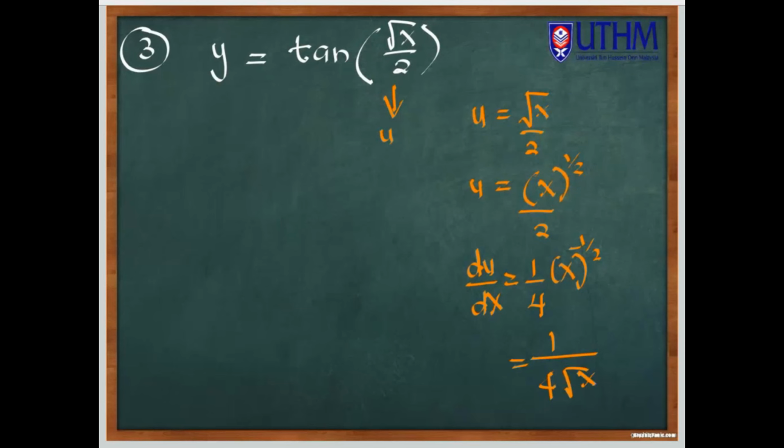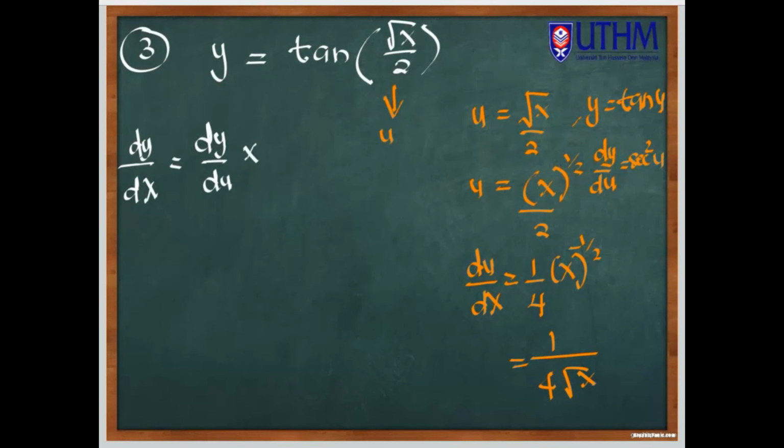Since square root x over 2 is assumed as u, we can write y is equal to tangent u, so dy du is equal to secant squared u. We just insert everything into the formula of the chain rule. We know that dy dx is equal to dy du times du dx.